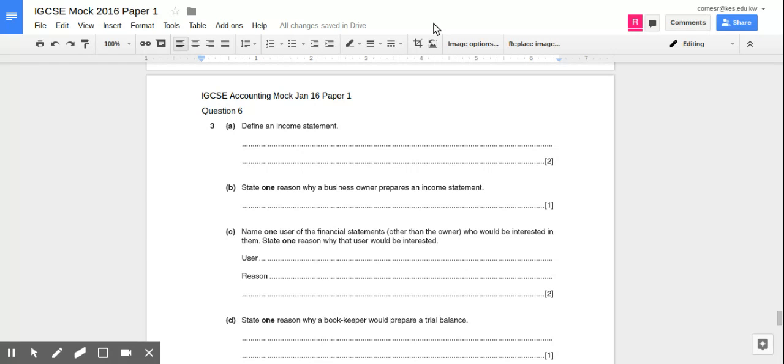Other people that would look at it: credit suppliers, they want to know if they're going to get paid. A manager, to see how efficiently the business is working. You've got the bank to make sure either they're going to get paid or can offer a new loan, and the government wants to make sure that they are getting paid.